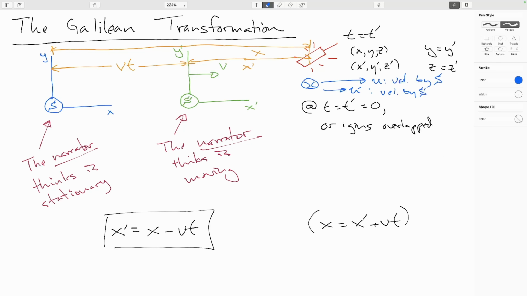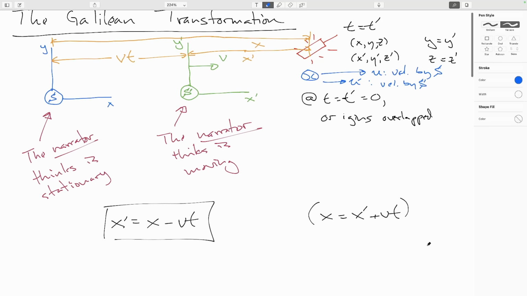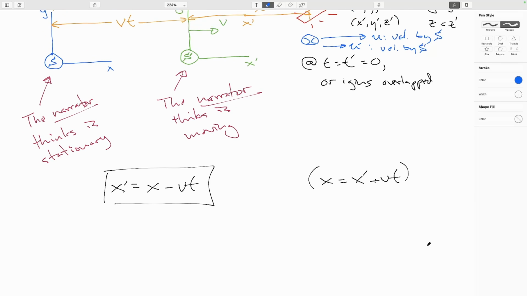All right, so how can we relate those? Well, we can go back and remember literally how we define velocity. We define velocity as the time rate of change of position.